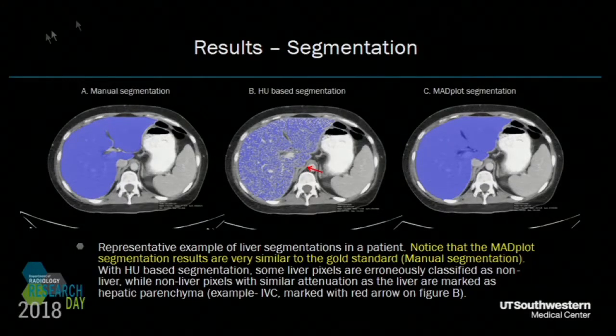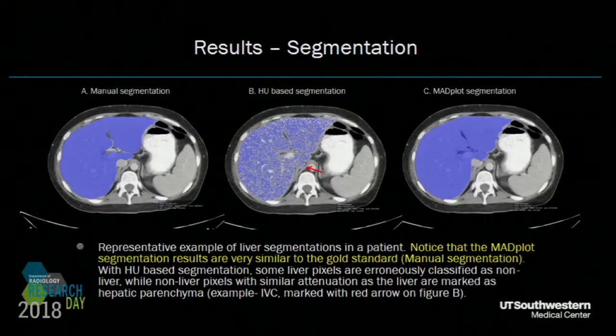So we have 3 images here, and it's the 3 different segmentation methods that we have used. On the left here is hand or manual segmentation. In the middle here we have our Hounsfield unit-based segmentation, which you can see is kind of speckly. And this is due to the fact that a lot of pixels are excluded because there's Hounsfield unit heterogeneity within this image.